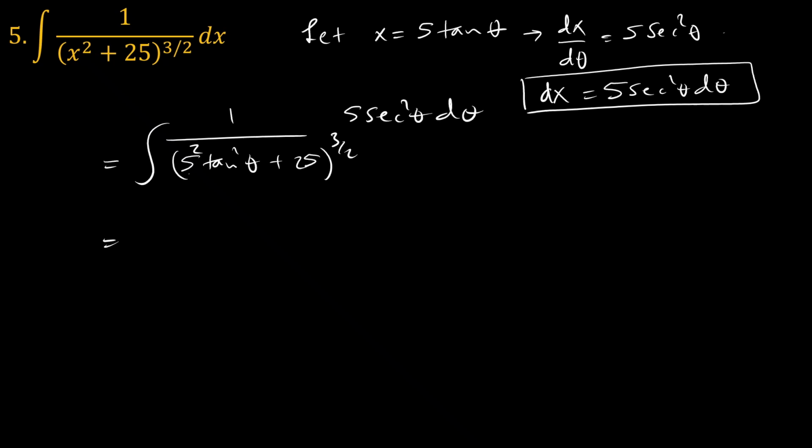And so this 5 squared is the same as 25. We can pull that 25 out. So we have 1 over 25 to the 3 over 2.